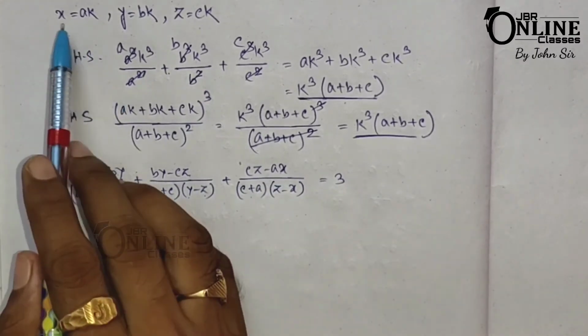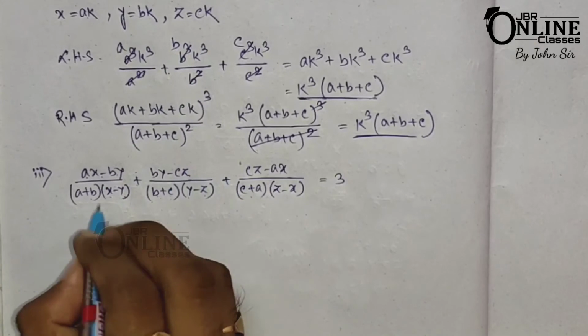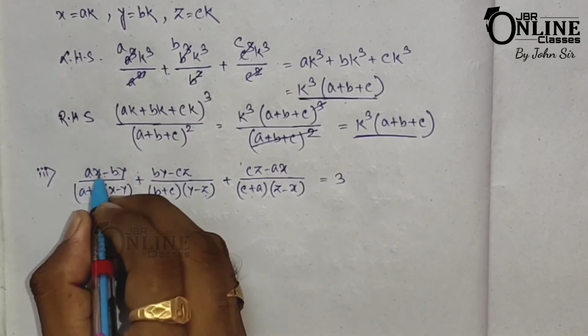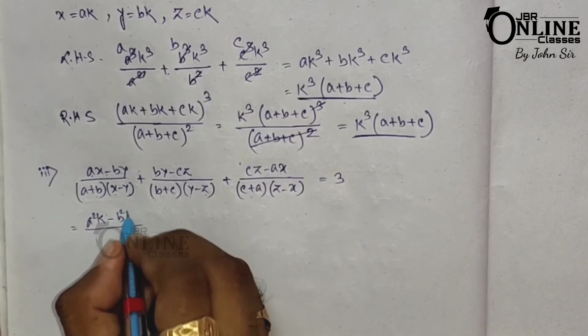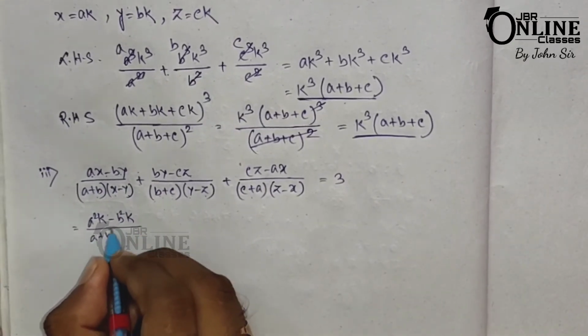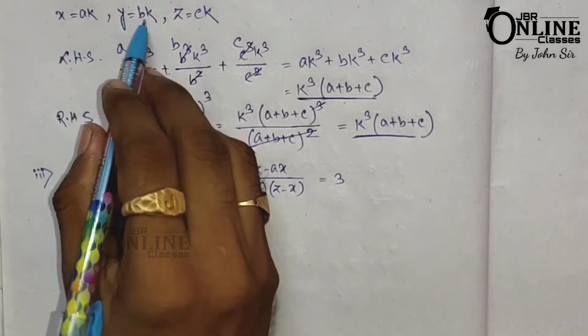As you know, x equals ak, y equals bk, and z equals ck. So just put down these values. A into x means a square k, b into y means b square k, divided by a plus b, and x minus y means ak minus bk.